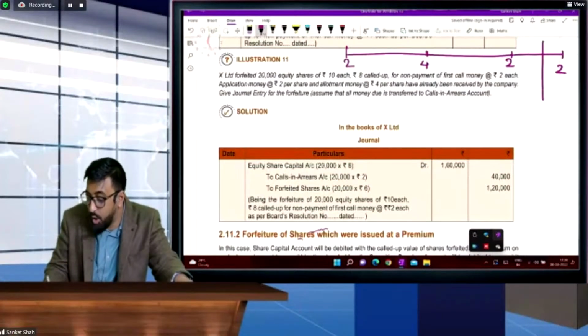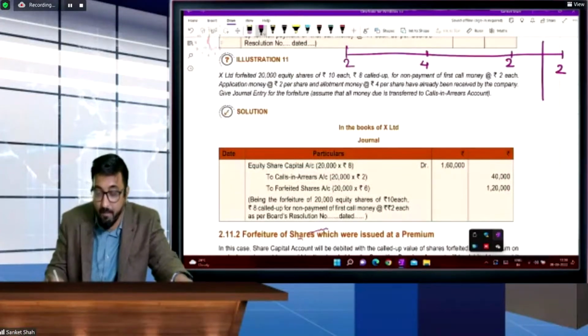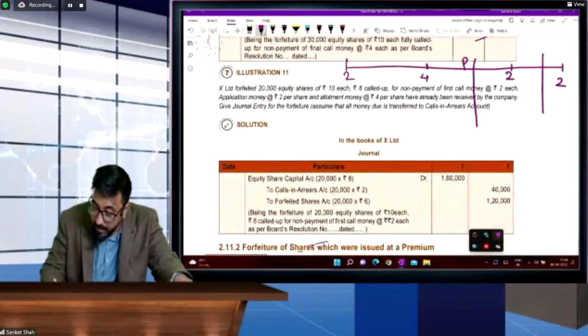Second call is not yet asked. Only the first call is received till allotment.